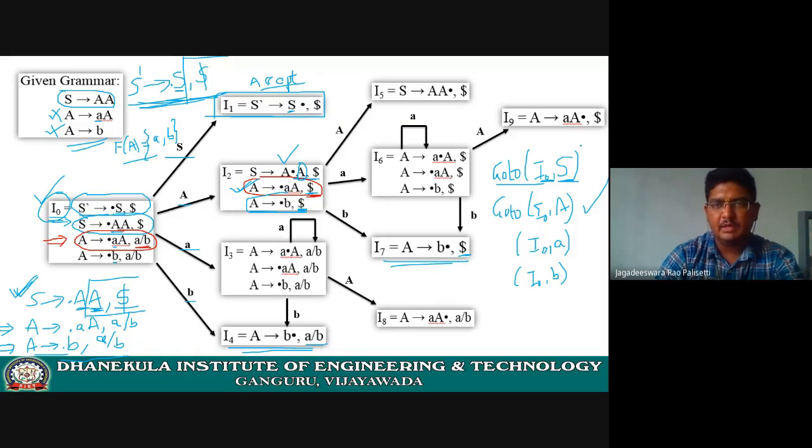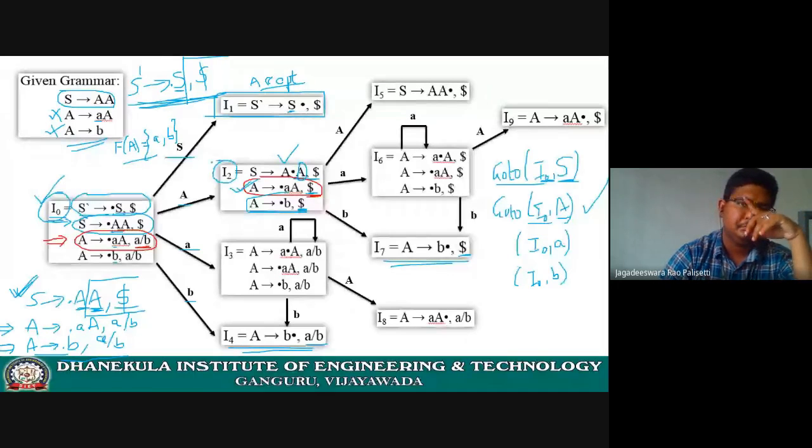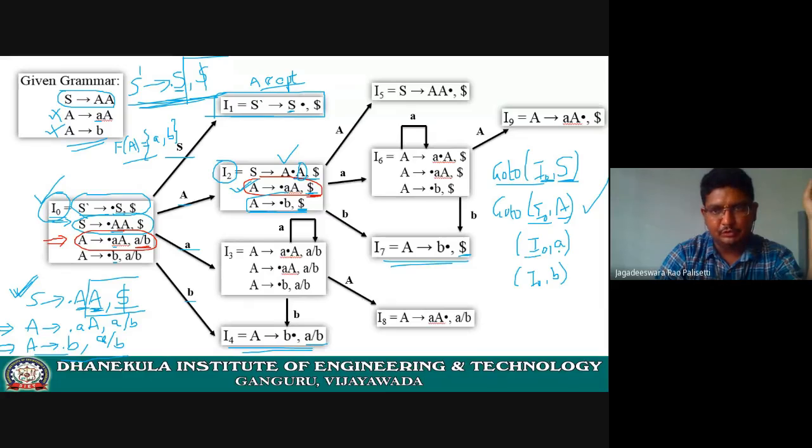So that's how I get I2. If you perform go to on I0 with respect to capital A, I get the new state as I2. Similarly, go to on I0 with respect to small a. Small a means this is the production rule I have to add: A tends to dot AA slash ARB. Initially it is added by movement of the dot.